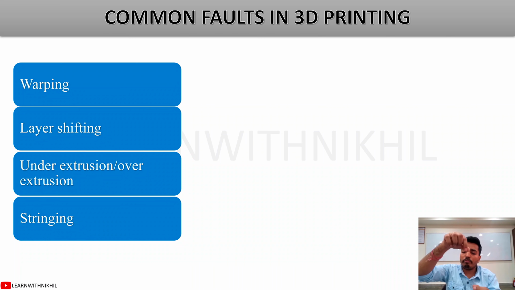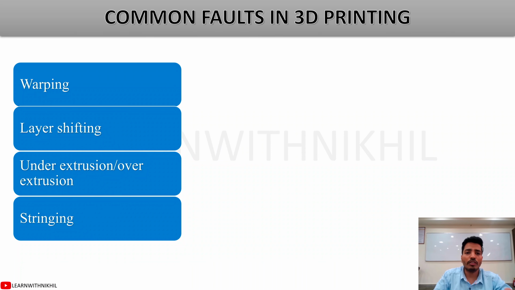But sometimes stringing is still left if the millimeter adjustment is not proper. So to avoid that, you have to enable retraction. Also, you have to enable Z hop. If Z hop is not enabled, then the stringing will be more. So you have to do some adjustments in the settings to avoid stringing. Stringing can be removed later, but if it is avoided at the start, it is better.